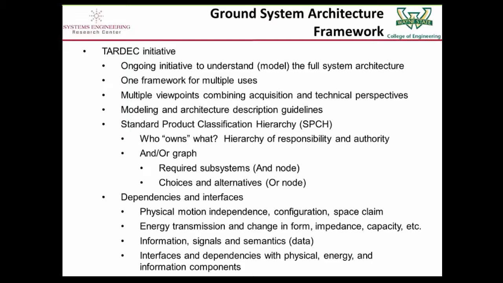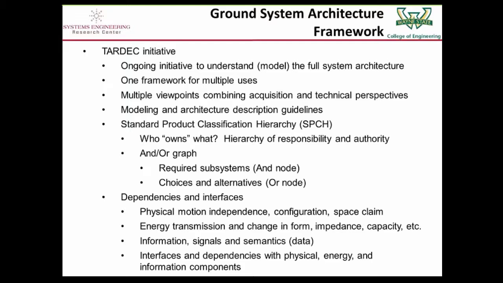And the architecture framework also tried to address the high-level dependencies and interfaces. So there are principles like physical motion independence lead to different configuration. There's space claims. There's different forms of energy and information transmission. And then there's interfaces and dependencies that actually combine multiple components.